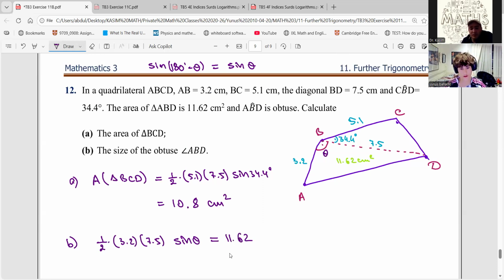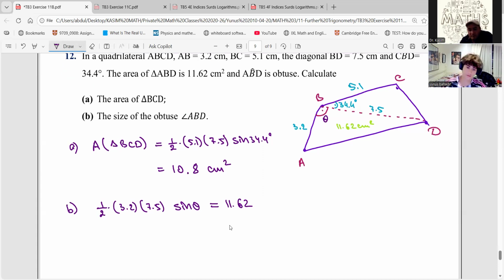Now from this equation, we can find sine of theta. We put all the numbers to the right side. 11.62 divided by 1 over 2 times 3.2, which is 1.6, multiplied by 7.5, which is equal to, exact value, 581 over 600.